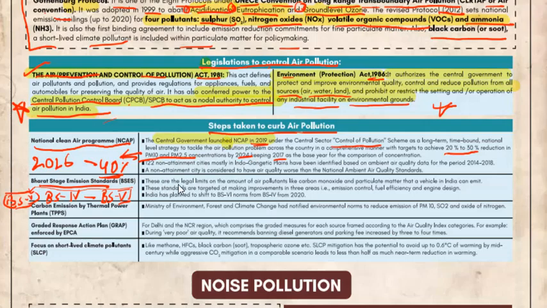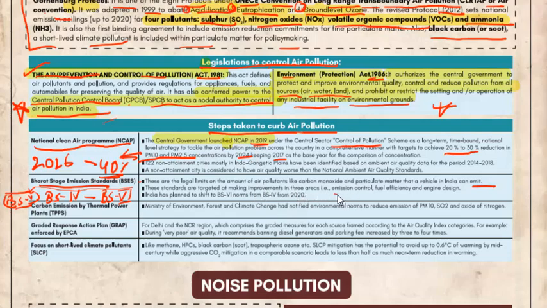Let's see the statement. These are the legal limits on the amount of air pollutants like carbon monoxide and particulate matter that vehicles in India can emit. That's what I am telling. The overall limit for emission is reduced in this. These standards are targeted at making improvement in three areas.